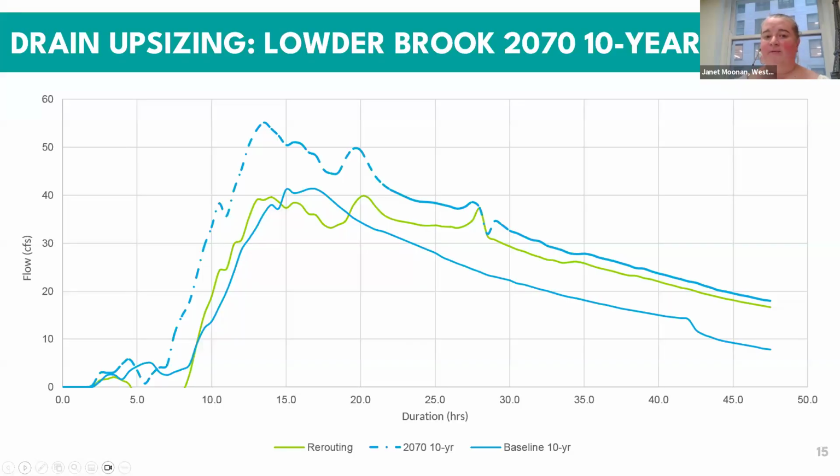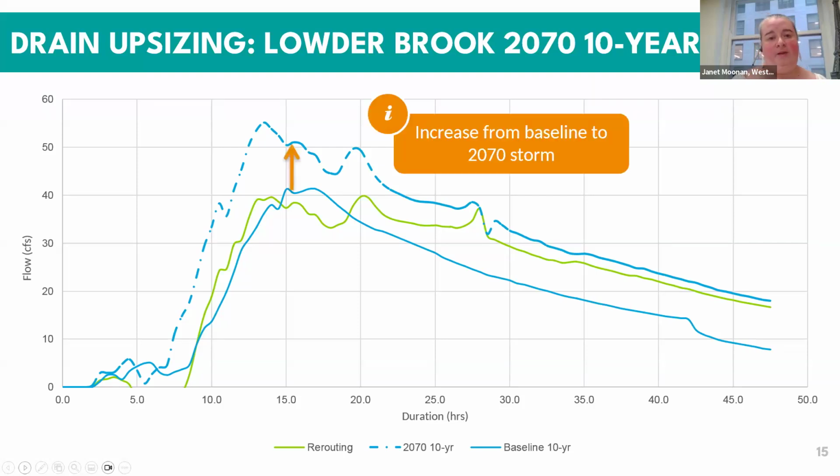We did find some favorable things when we looked at, for example, drain upsizing. So you can see on this chart on the left, this is flow in cubic feet per second. For those of you who aren't familiar with that, imagine a bucket being dumped out every second. That's 1 cubic foot per second. So if you have 50 CFS, it's 50 buckets being dumped out every second. And on the bottom of the graph, you'll see duration.